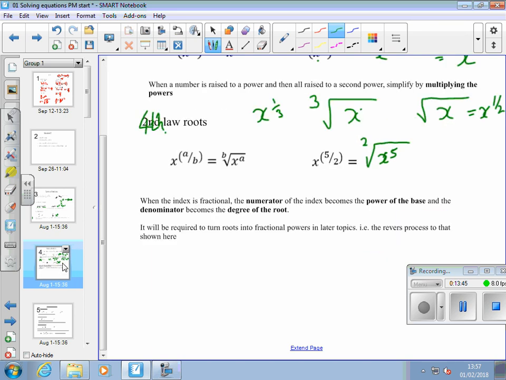So, what would this one be? Yep, x to the 8 over 6.